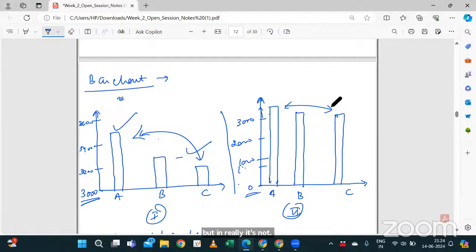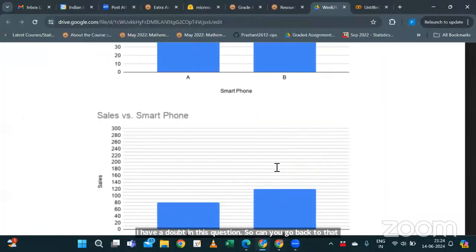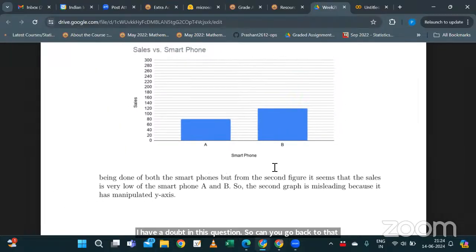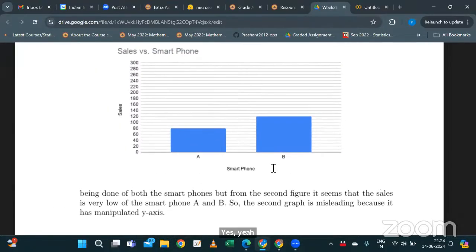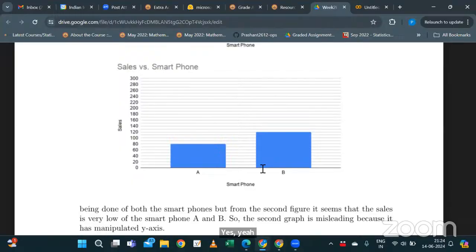So this comes under misleading graphs. Sir, I have a doubt in this question. Can you go back to the slide which showed 80 and 120? Sir, what if I added a C, like A, B, and C, and the C sale is showing 300?